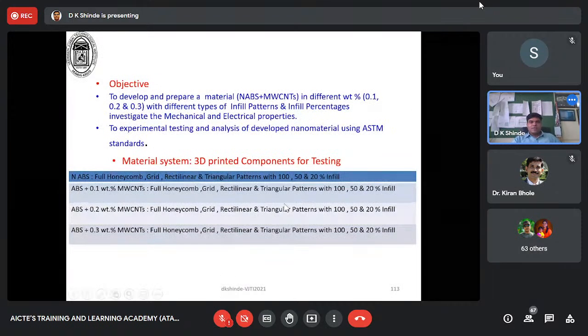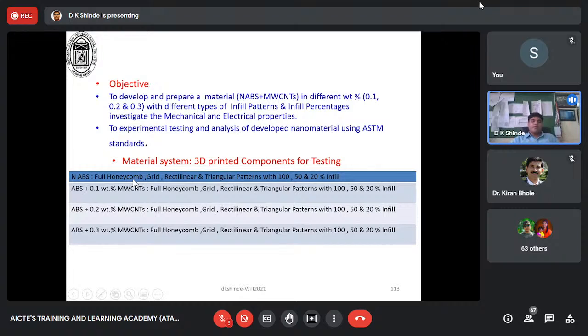The key work in this research was again to produce such spools initially, and then 3D printing is a major one. We developed the different 3D models with the weight percent and infill patterns.